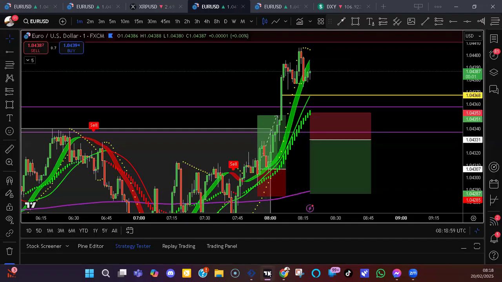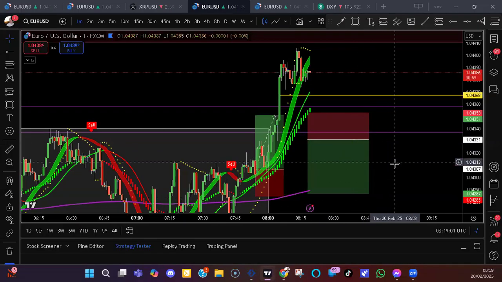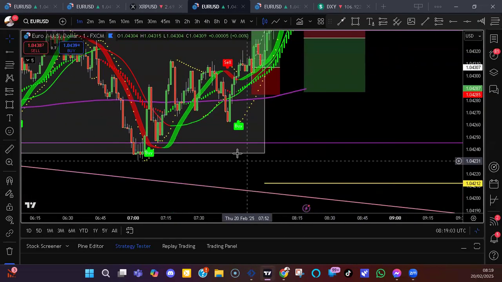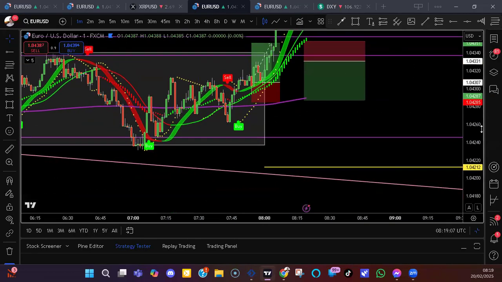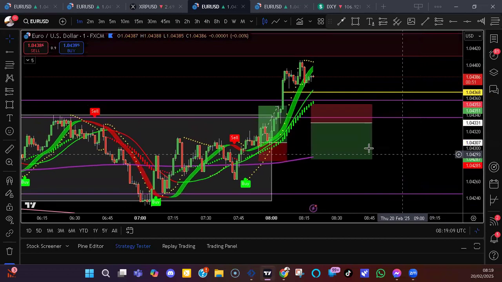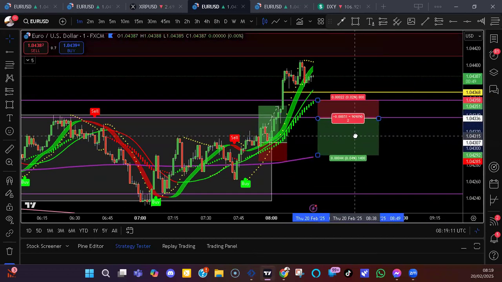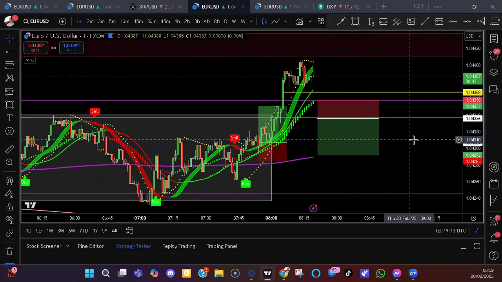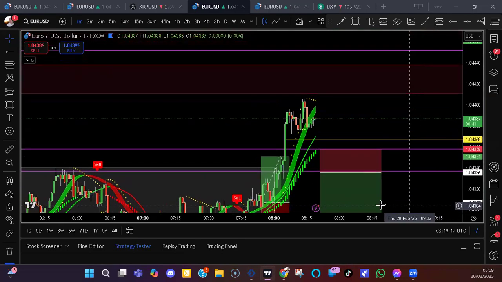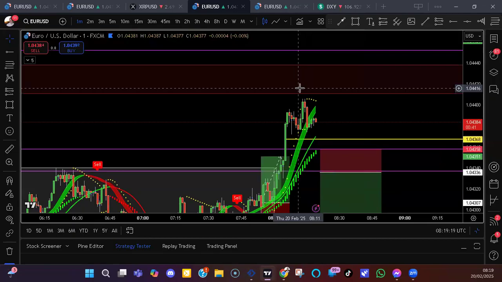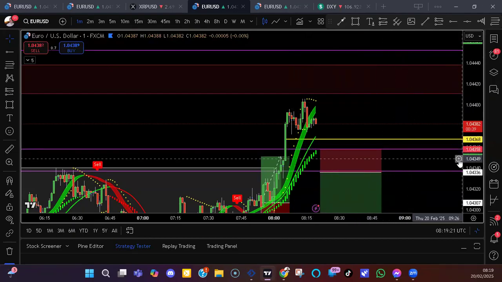And will it want to do that again? I would imagine the more immediate thing for it to equalize price at the moment would be to tap into this imbalance and react off that. But we are in a sell zone now.